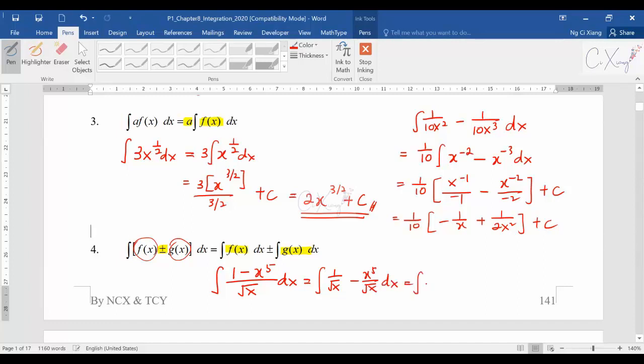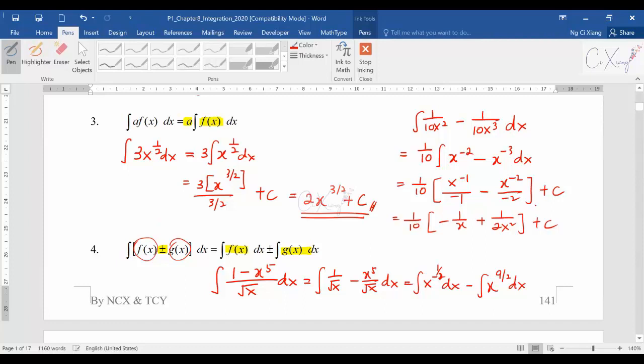Then further simplify it, you have x power negative half, then minus x power 5 minus half, you should have 9 over 2. Then only you integrate these two separately. Alright, so this is the meaning when you have any fraction or whatsoever: you have to split it into two functions in x, then only you can do the integration.